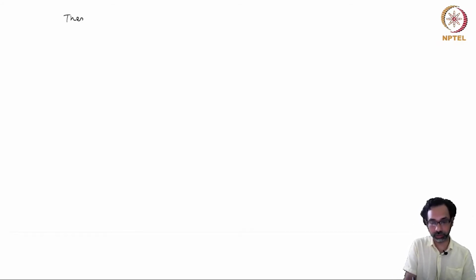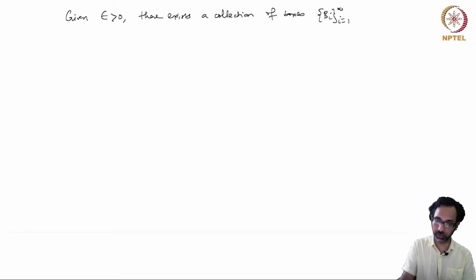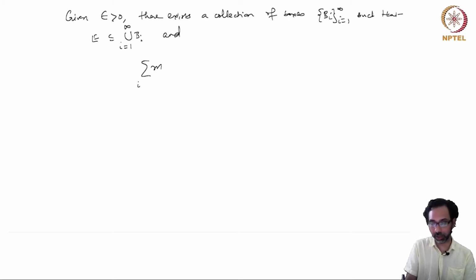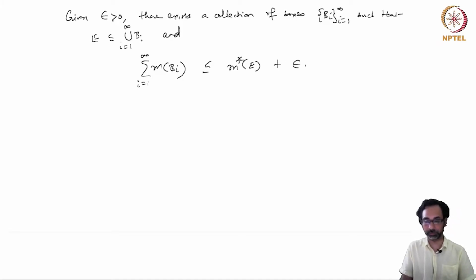Given epsilon greater than 0, there exists a collection of boxes Bi, i equal to 1 to infinity, such that E is covered by the union of these Bi's, and the sum over i of the measures of these Bi's is bounded above by m star E plus epsilon.